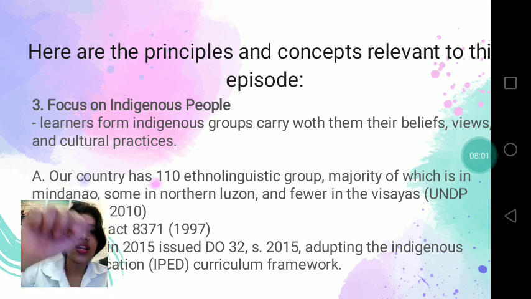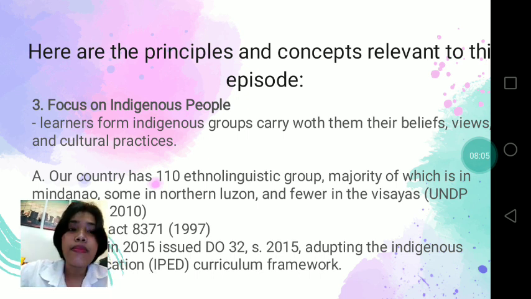Okay, so focus on indigenous people. Learners from indigenous groups carry with them their beliefs, views, and cultural practices. So as we all know, we as Filipino people, nadadala natin yung mga culture natin even sa ibang bansa. So, same goes with those students from regions sa Philippines na may culture sa kanila, we have to understand and we have to respect.